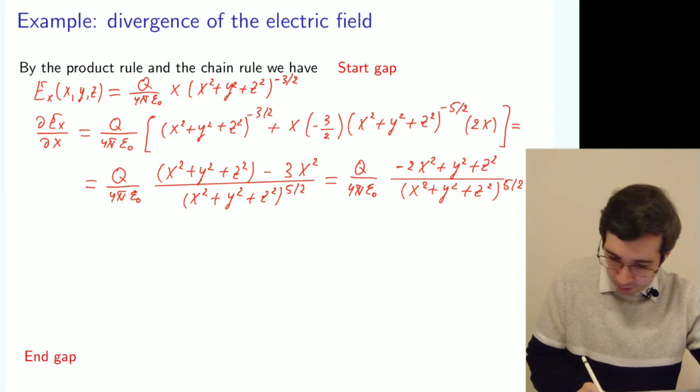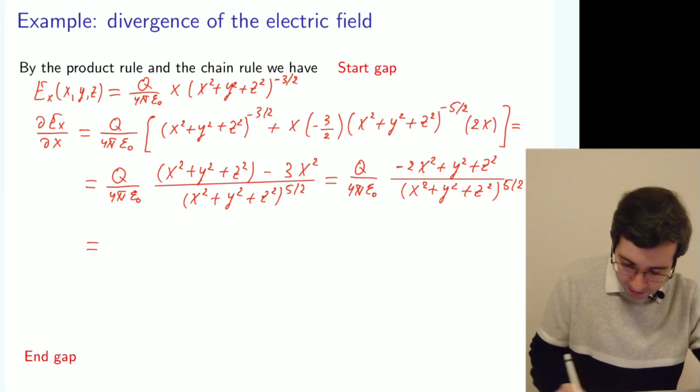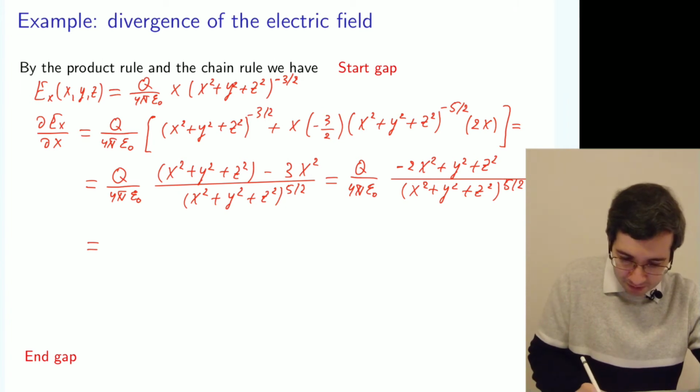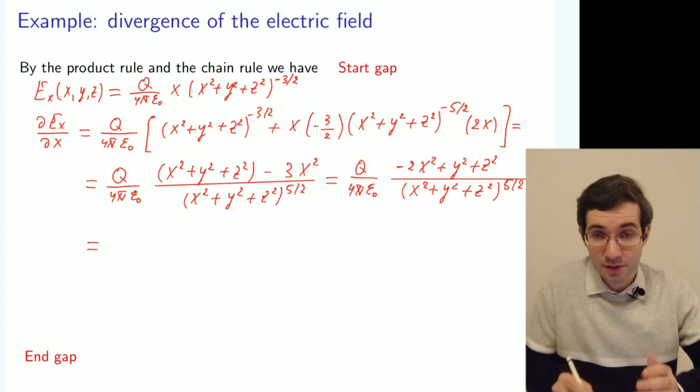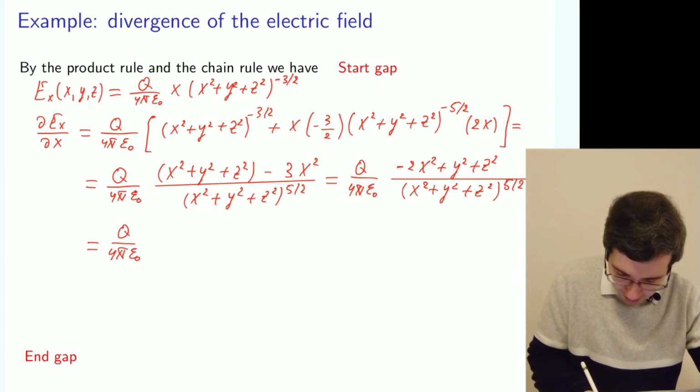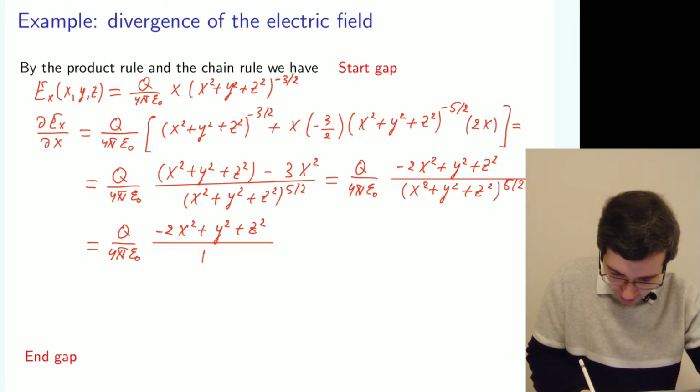And if we make even one more step to simplification by remembering the definition of the distance, the r, we can write it as q over 4 pi epsilon naught times minus 2x squared plus y squared plus z squared over r.